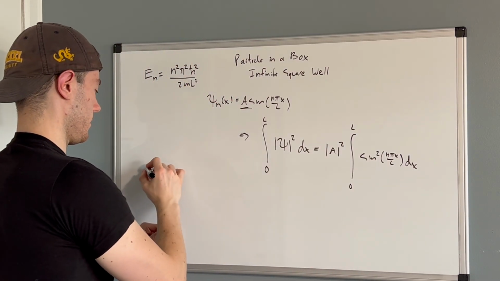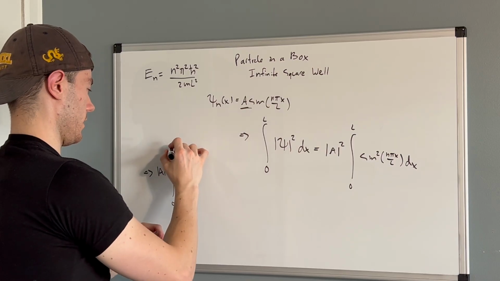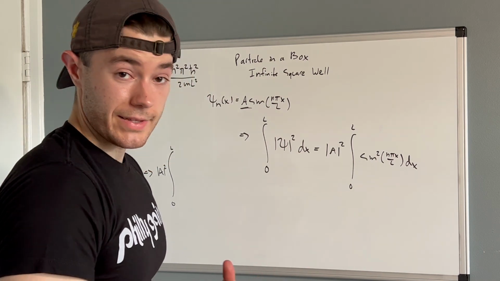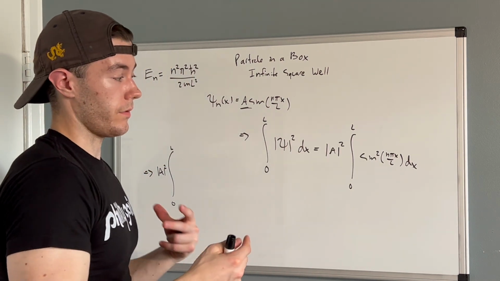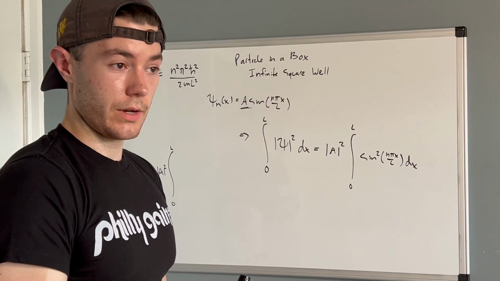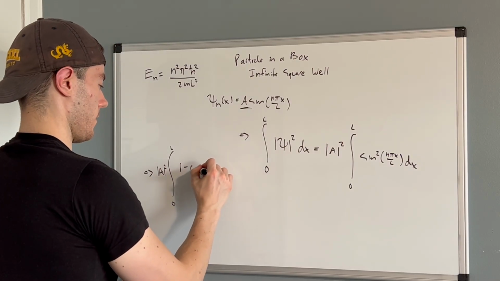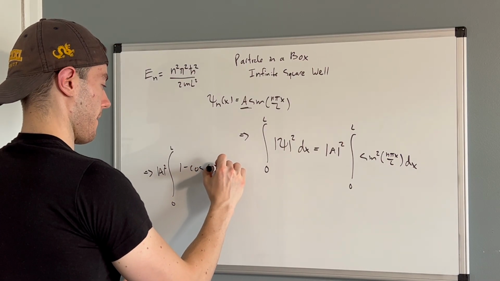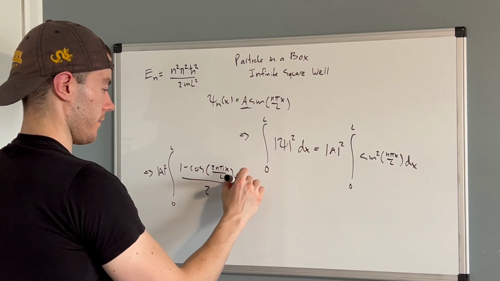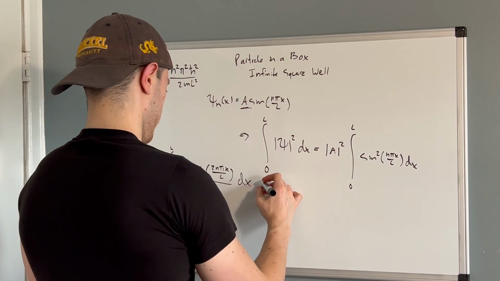Now, there is a trig identity that says sine squared of theta is equal to 1 minus cosine 2 theta all over 2. It's a real trig identity, feel free to look it up. I'm going to pull the 1/2 out of the integral.